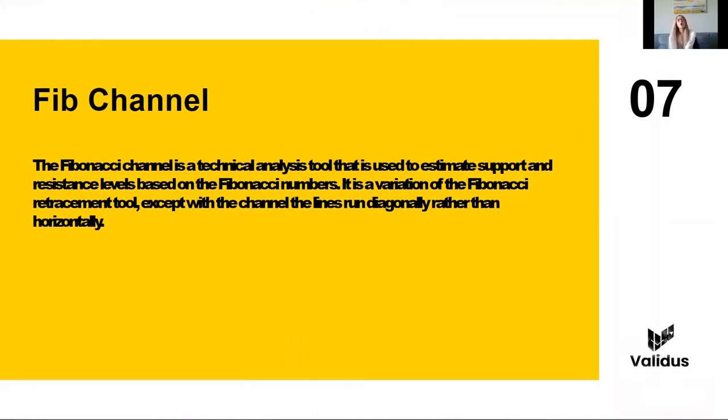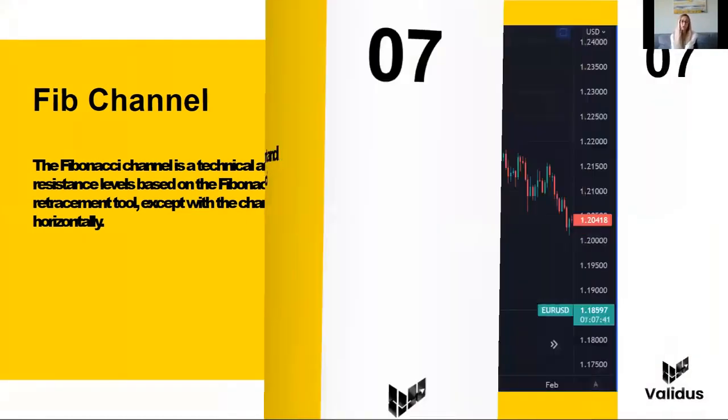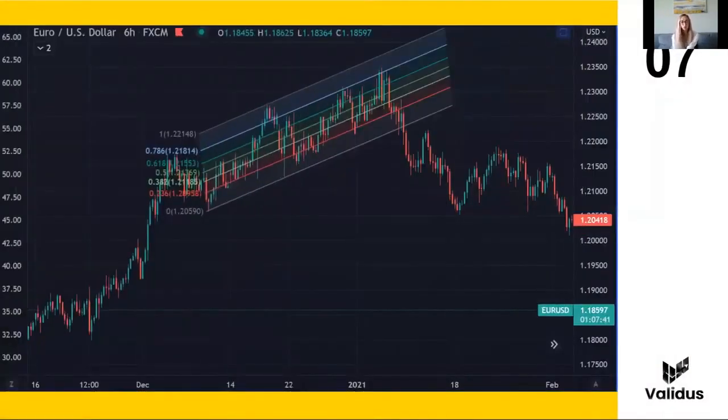In order to draw a Fibonacci channel, the trader must first determine the trend direction. The Fibonacci channel can be applied to both short-term or long-term trends, as well as to uptrends and downtrends. It doesn't matter. The lines are drawn at 23.6, 38.2, 50, 61.8, 78.6, and 100%.